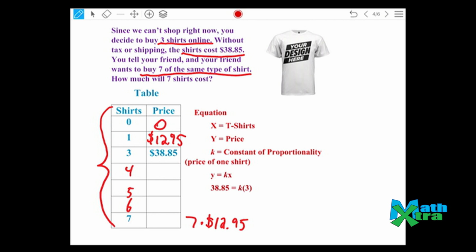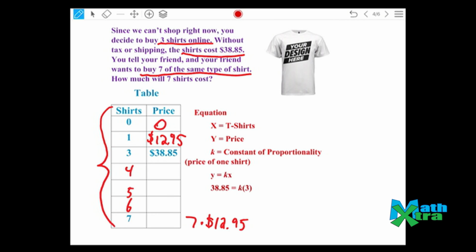Now, ready for another trick? $12.95 times 7 looks like it's pretty tough to do. You're going to have to write all that out, might even have to get a calculator. But $12.95 is 5 cents less than $13. So if I can multiply 7 times $13, 7 times 10 is 70, 7 times 3 is 21, $91.